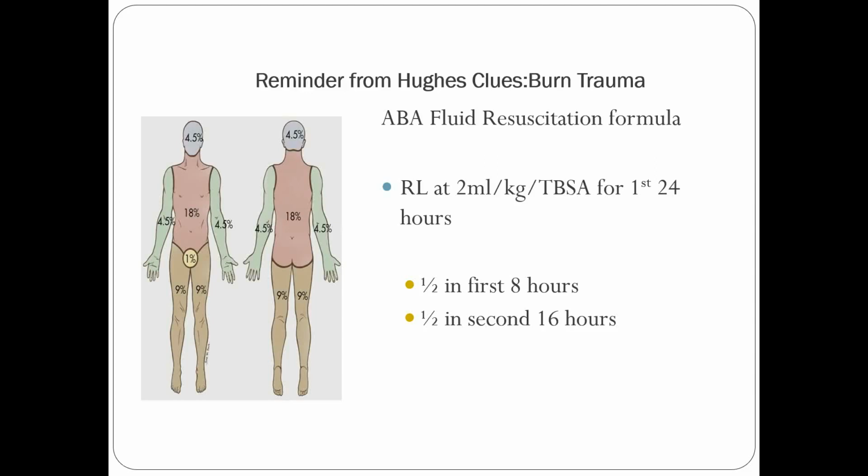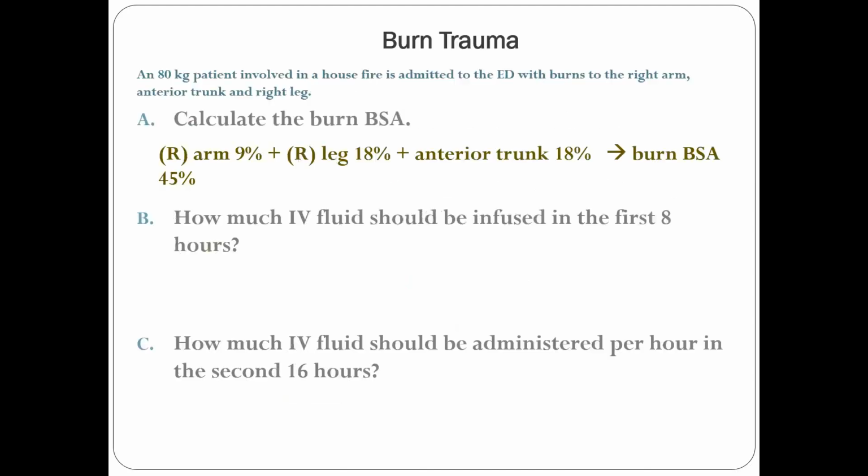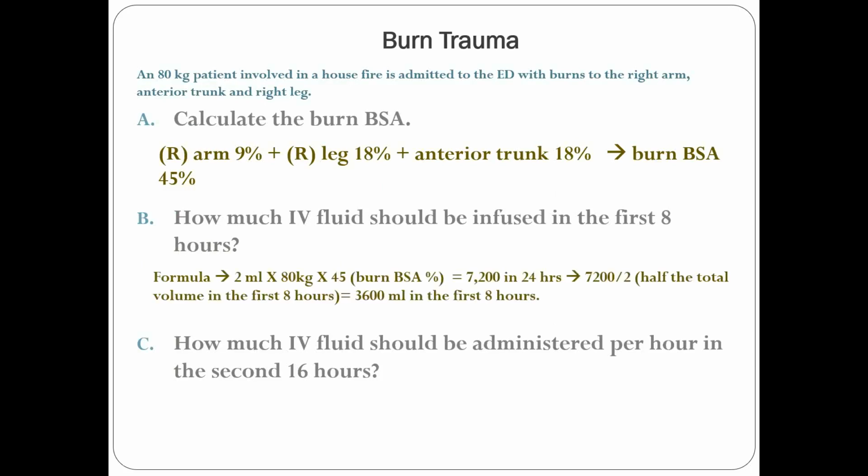You're going to give half in the first 8 hours and then the other half in the second 16 hours. So let's go back to our question: how much fluid should be infused in the first 8 hours? We look at the formula of 2 mils times 80 kilograms, that's what our patient weighs, and then times 45, the burn body surface area.